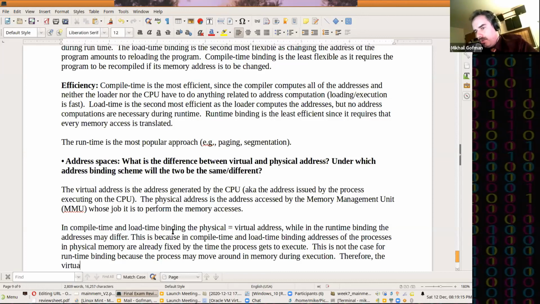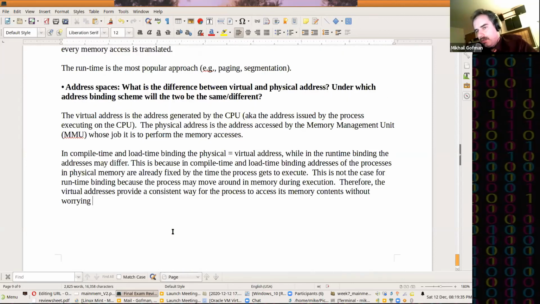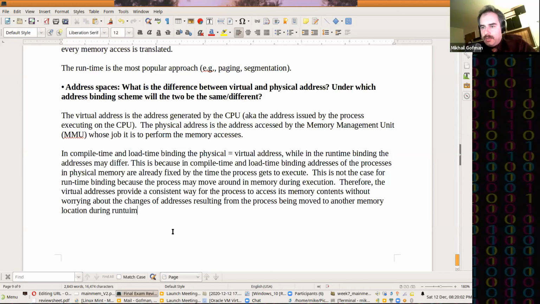Therefore, the virtual addresses provide a consistent way for the process to access its memory contents without worrying about the changes of addresses resulting from the process being moved to another memory location during runtime.